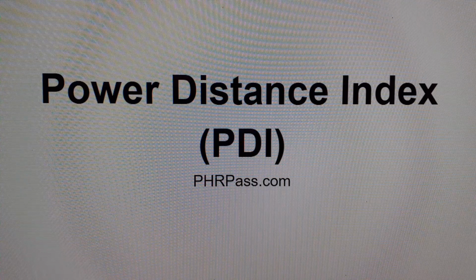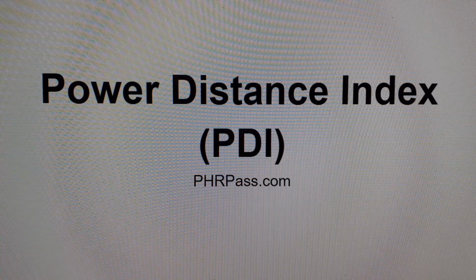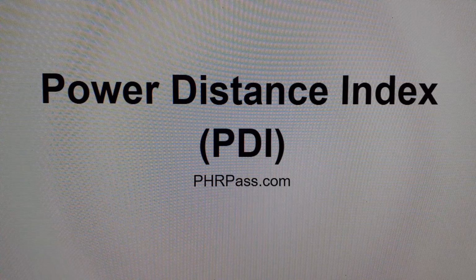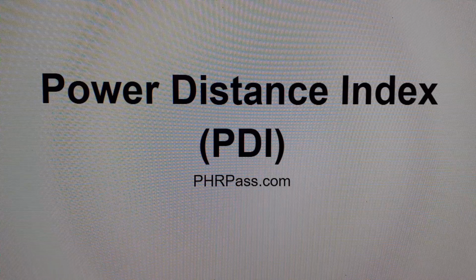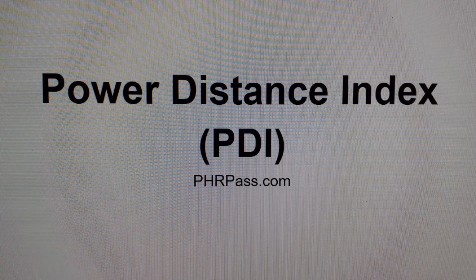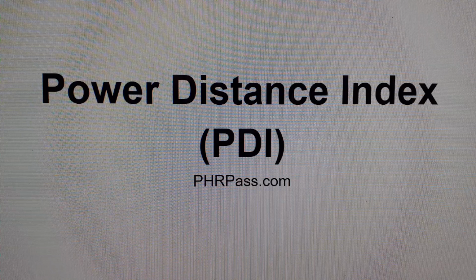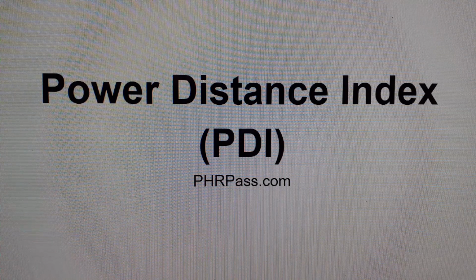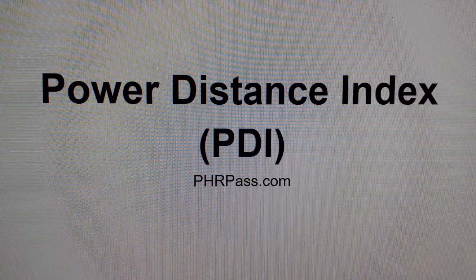The PDI has been applied most often to countries, but is very appropriate for organizations too. A high power rating occurs in countries like Malaysia, Middle Eastern countries, and South American countries, where scores of 80 or higher exist.